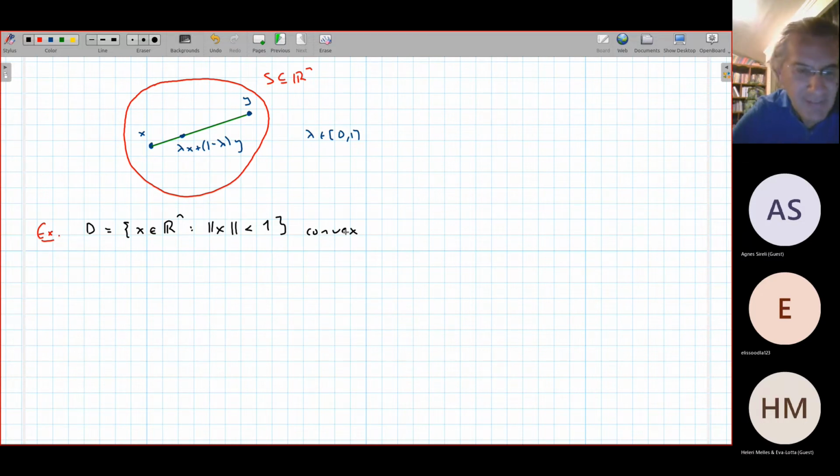This set is convex. And you can prove it easily. So probably you did it already. So you saw that any ball, open ball, is actually convex.